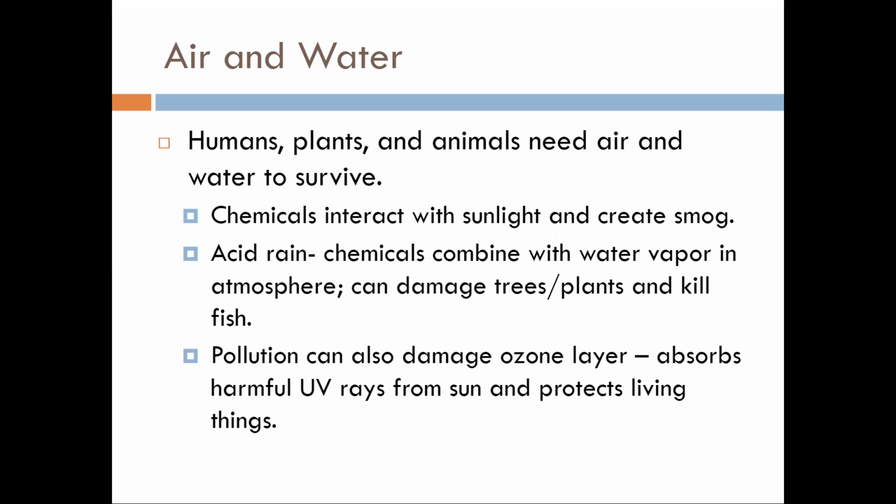How many have heard of that term? Acid rain. Have we heard of it before? So it's when chemicals combine with water vapor in the atmosphere, and it damages trees, plants, and it can also kill fish. Okay, so destruction to our trees, plants, and animals.